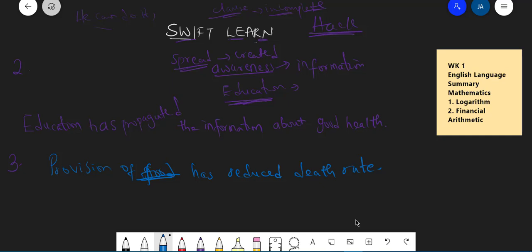So you can say, will I say provision? Okay, let me use large quantity. Or availability. Yes, very good. Did they use the word availability there? Okay, they use the word available.